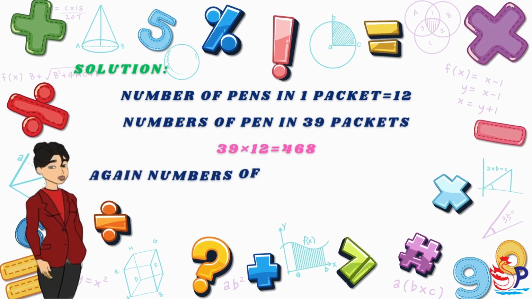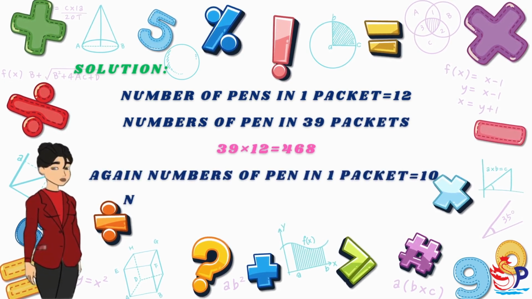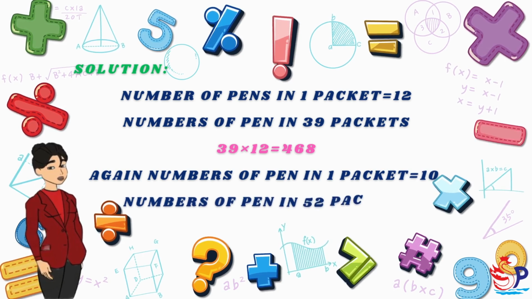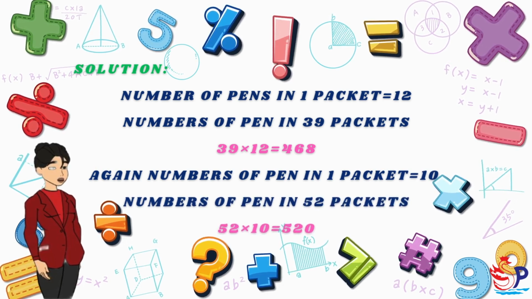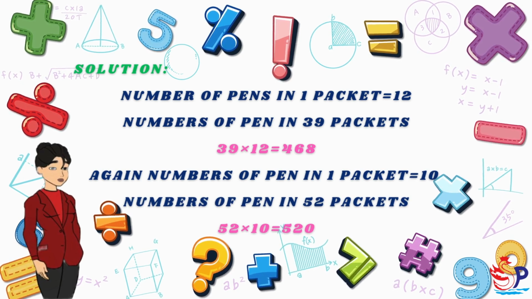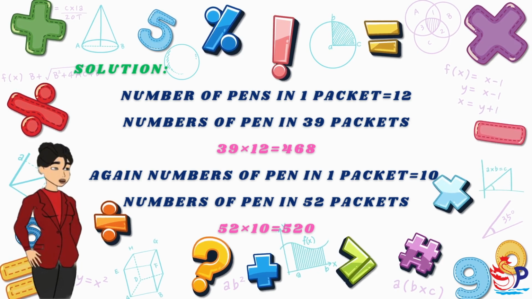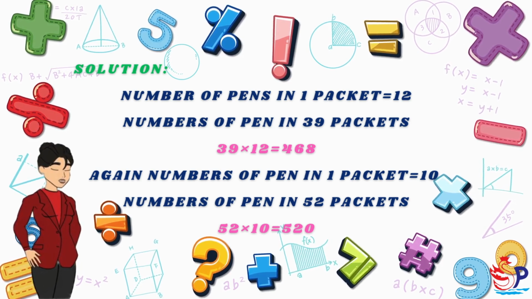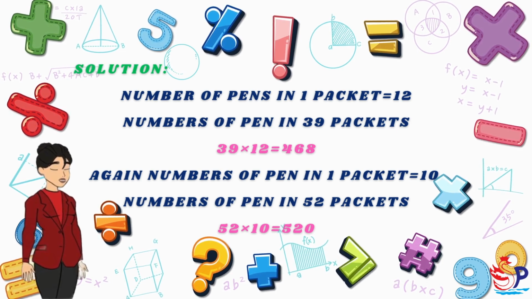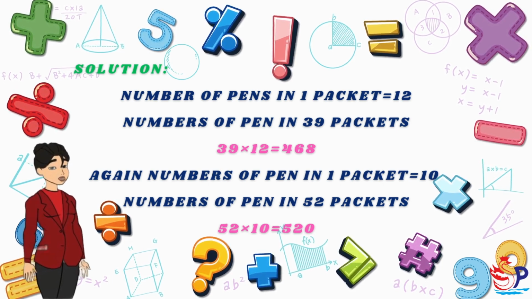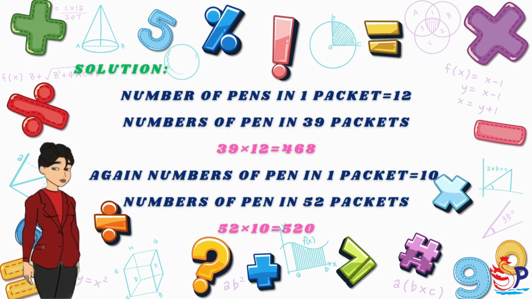Number of pens in 39 packets: 39 multiplied by 12 is equal to 468. Again, number of pens in one packet is equal to 10. Number of pens in 52 packets: 52 multiplied by 10 is equal to 520.